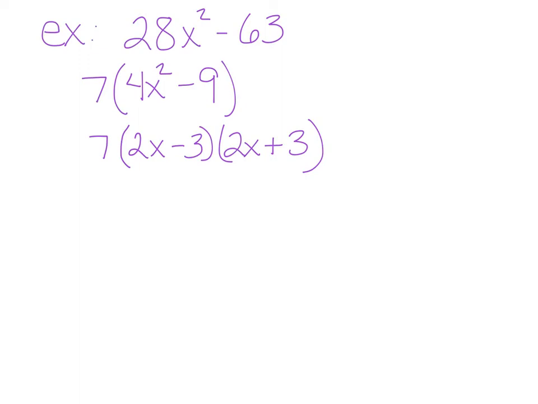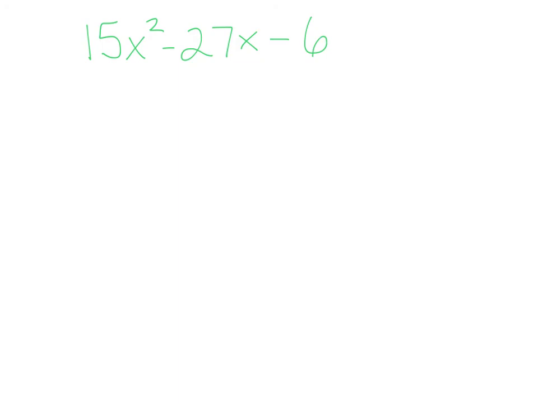Looking at our next example, you can see that this was a difference of perfect squares. Let's look at a different one. All right, so let's look at 15x squared minus 27x minus 6.